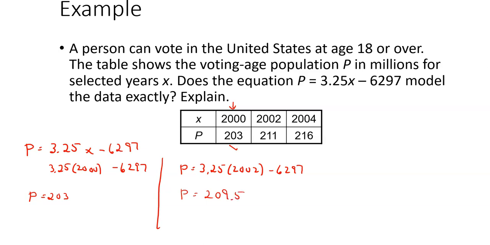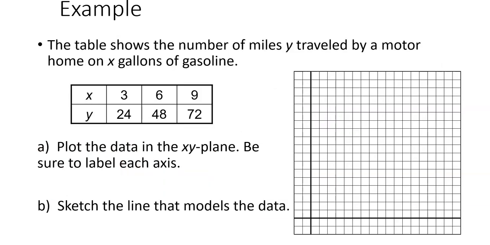And so right there, I can stop and say, no, it doesn't model the data exactly. If it did, I would get out a 211, but I don't. I get something very close to it, and I could try it for the third one. I'm sure I'll get something very close to 216, but because I don't get exactly 211, then it doesn't model the data exactly. Not every point falls on that same line.